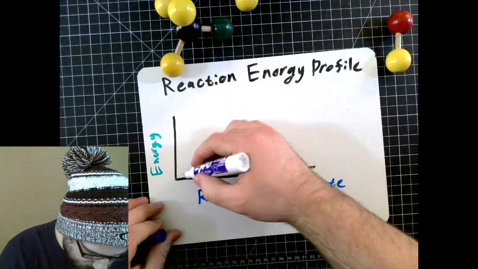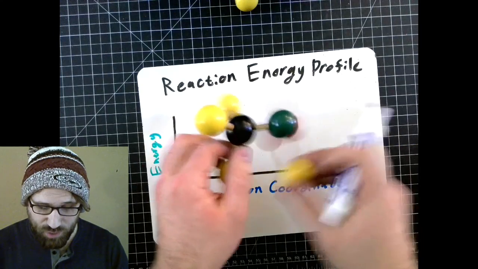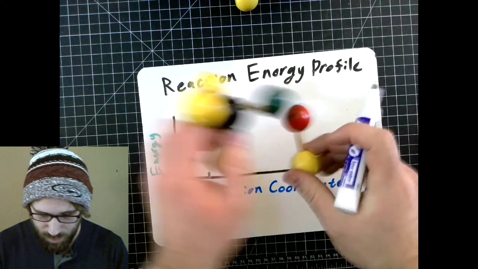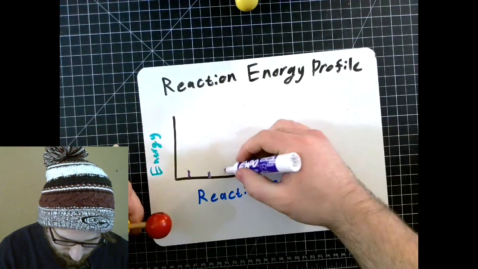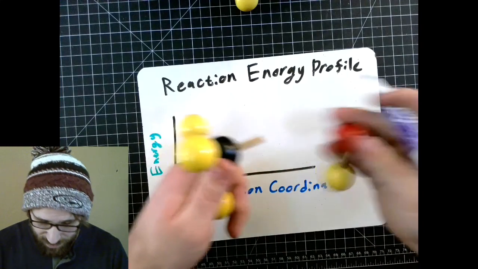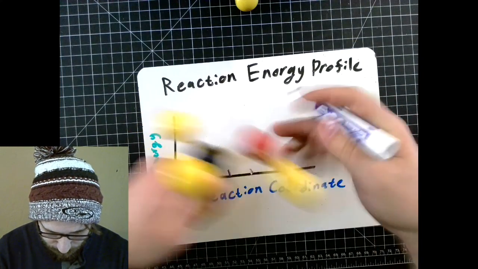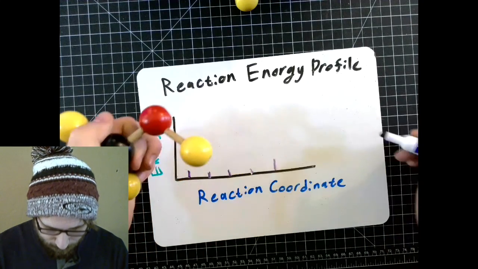Let's say this is our starting place. They're right here. And then this collides, and that would be this point right here, and breaks this bond. That would be this point right here. And then this bond starts to fit together. That's this point. It fits together all the way, and it's finished, and that's this point.